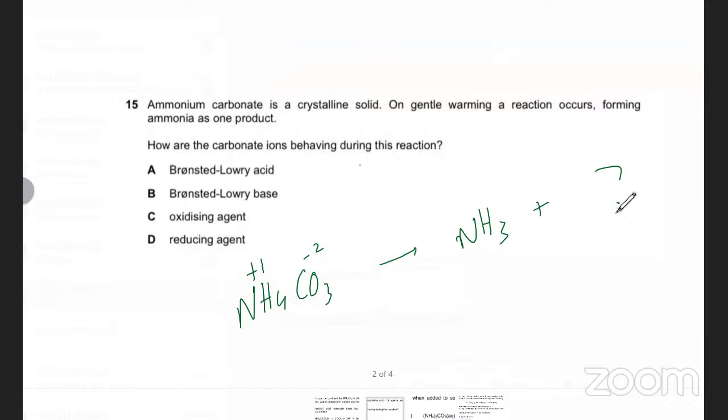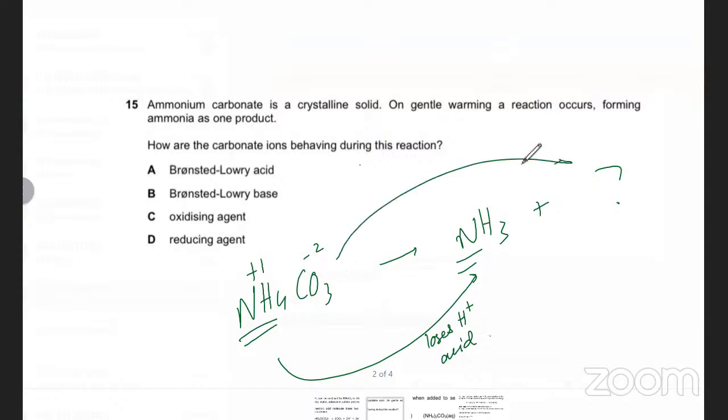It's probably behaving as a base, because what's happening to NH4 +1? It donates a proton, so it's behaving as an acid. Somebody is accepting that H +1, and that somebody is just carbonate. So somebody has to gain that H +1, so carbonate is acting as a base, right? Is that clear?